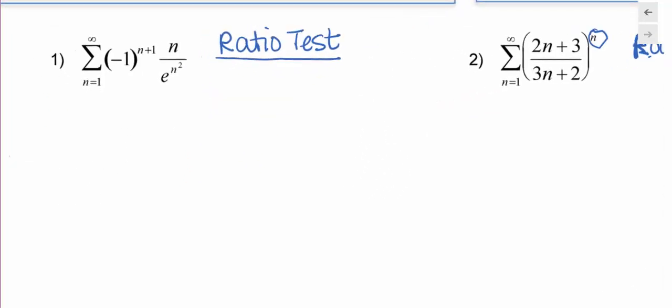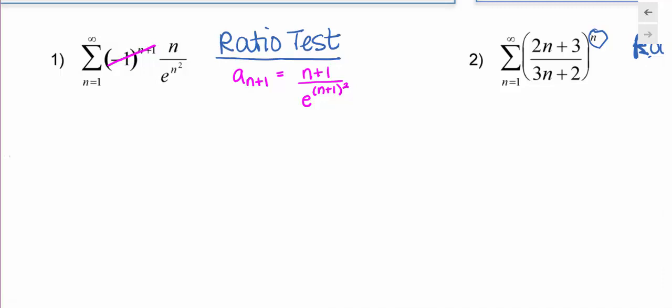So for my ratio test, I want to identify, just until we sort of get used to this, what is the a sub n plus 1 term. And in both of these tests, you're using the absolute value, so you don't even have to worry about that alternating condition right now. So that is going to be n plus 1 over e to the n plus 1 quantity squared. Okay?